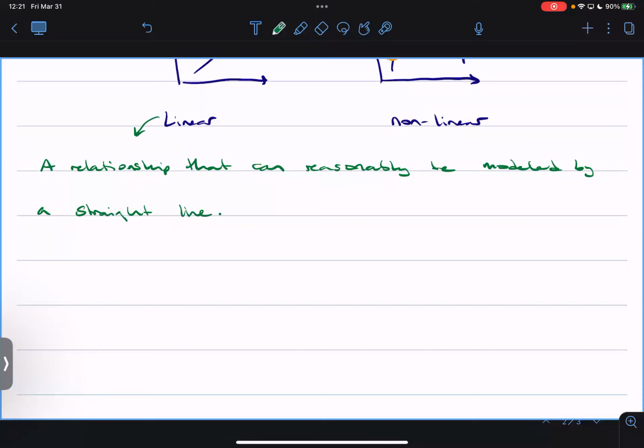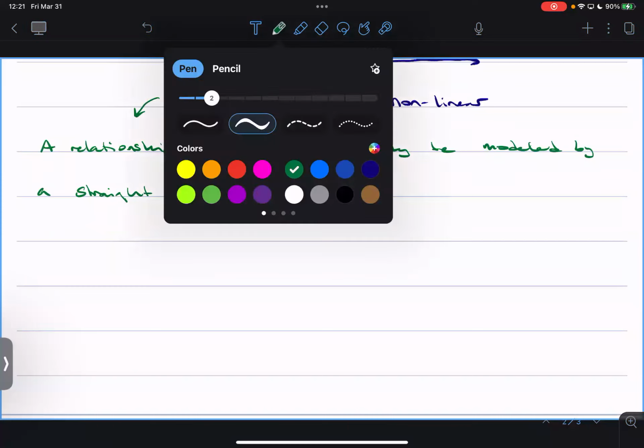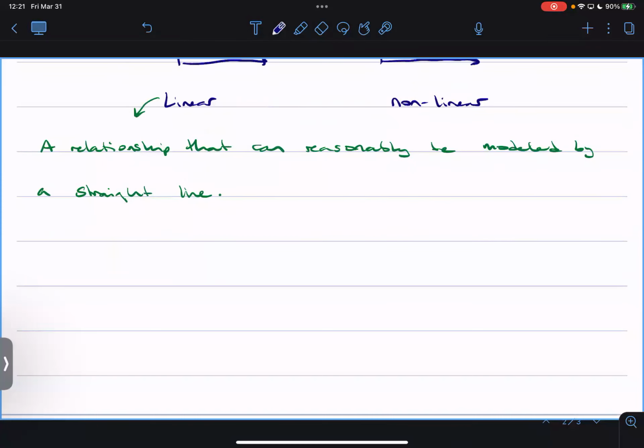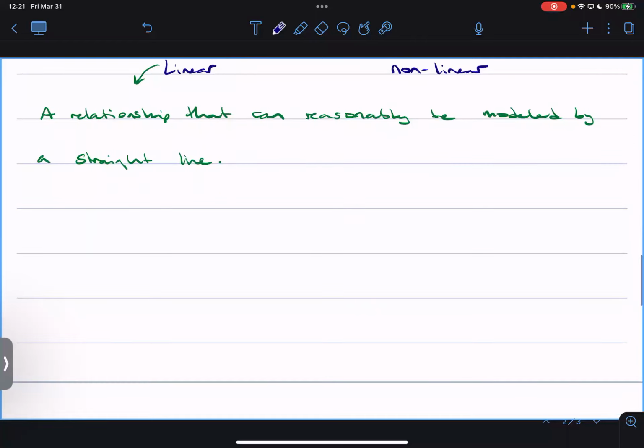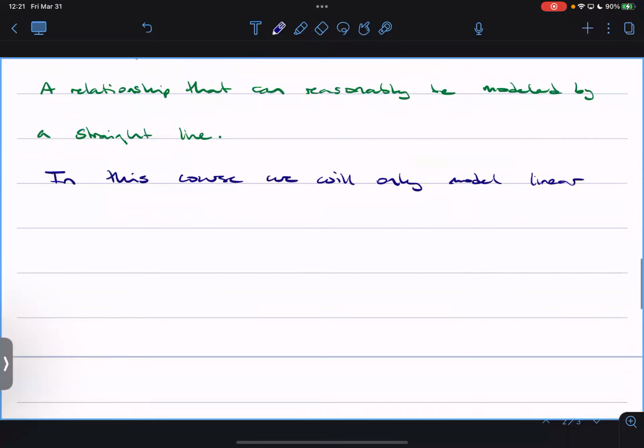So in this course, we're only going to talk about linear regression, right? So all of our assumptions, or all the things that we're going to learn, assume we have a linear relationship, okay? And so in this course, we will only model linear relationships.